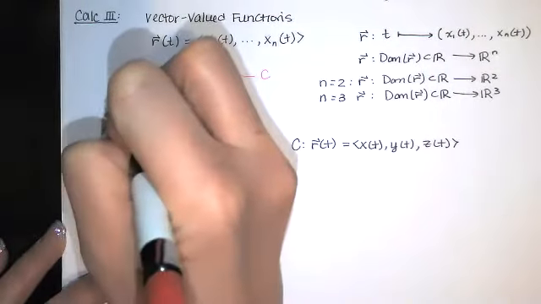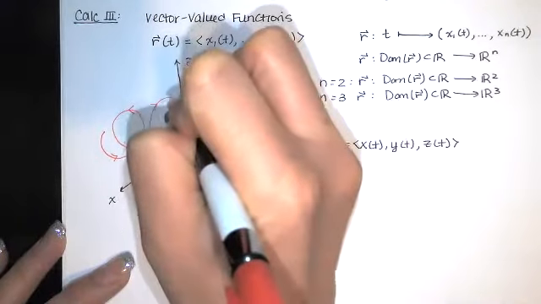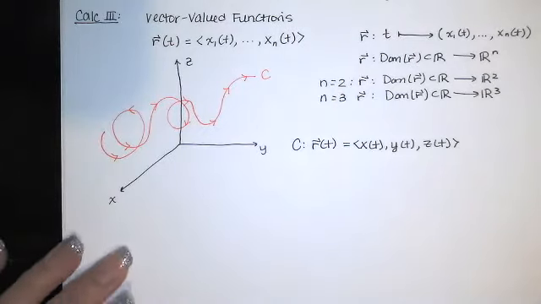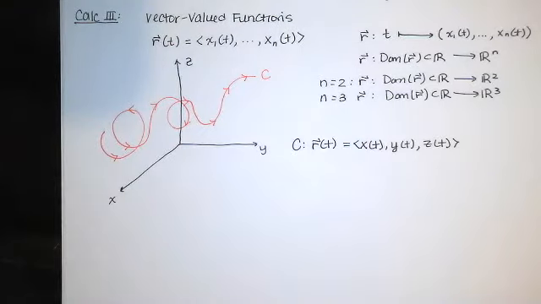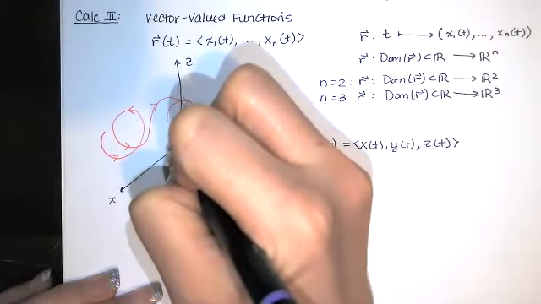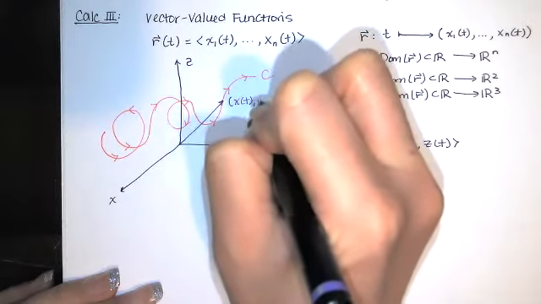And as t increases, we trace out the curve. Now r of t is a vector. It starts at the origin and goes out to a point given by x of t, y of t, z of t.